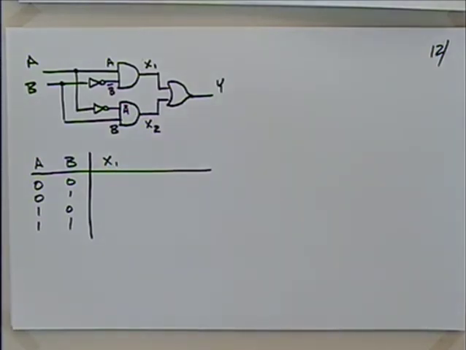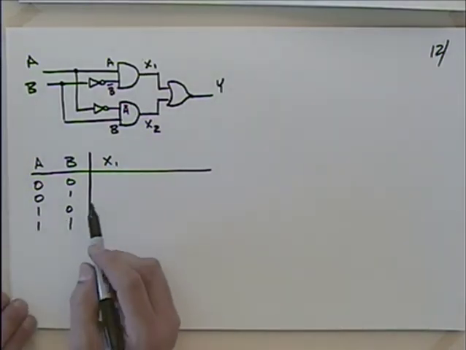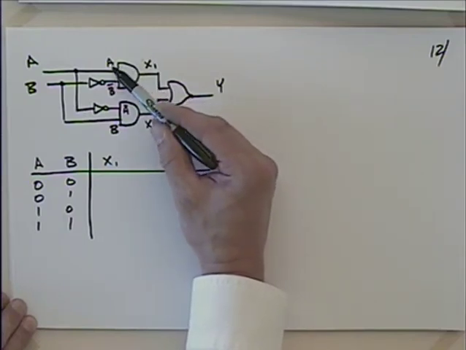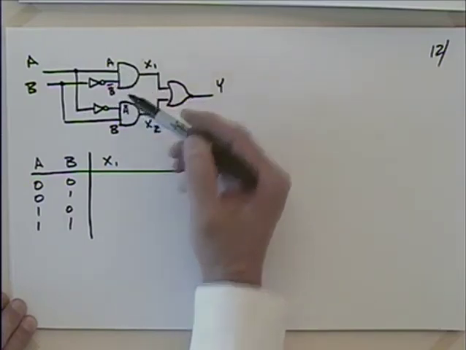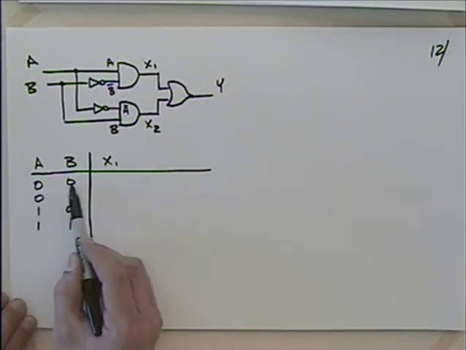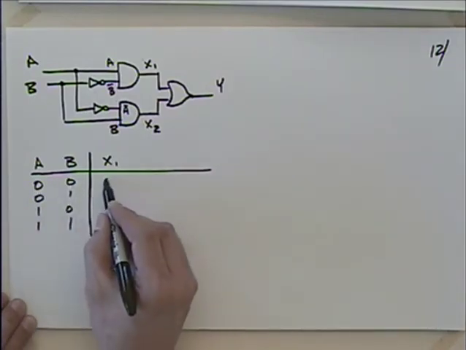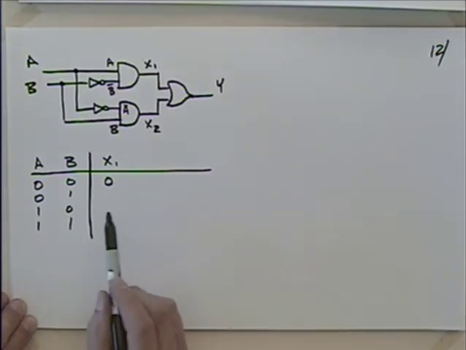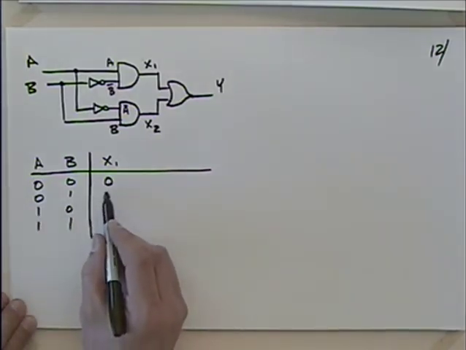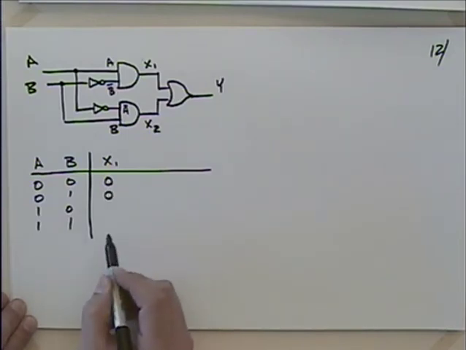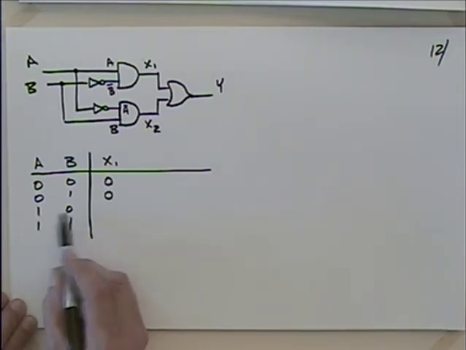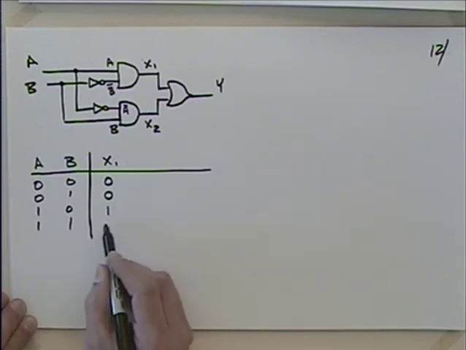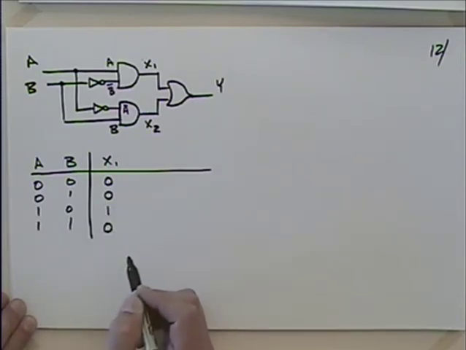So if I go to AND A and a not B, when I AND A and a not B, I should get 0 here, shouldn't I? Then if I AND this one, I should get 0. But if I AND this one, if I've inverted B, I'm ANDing a 1 and a 1, I should get a 1, shouldn't I? And of course, then this one would be back to 0.